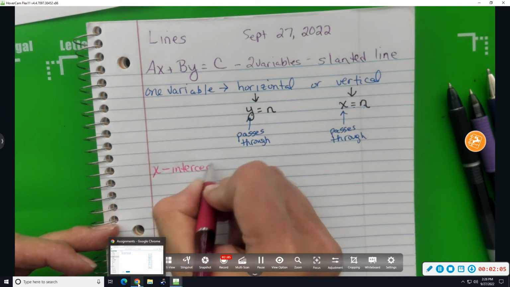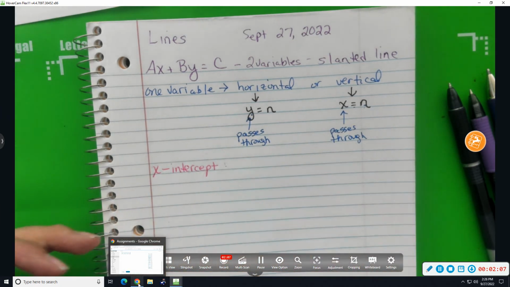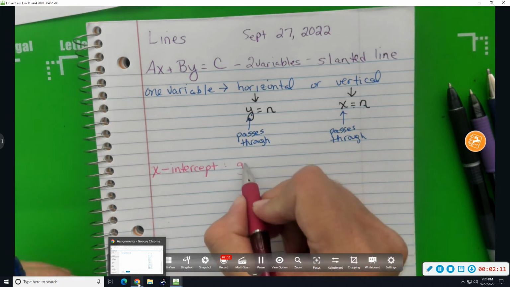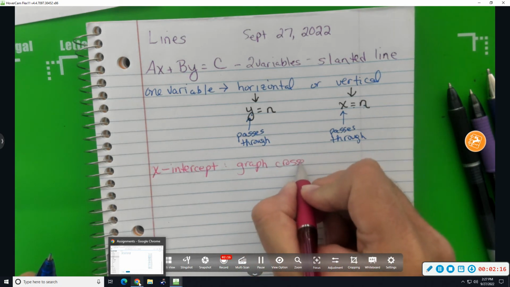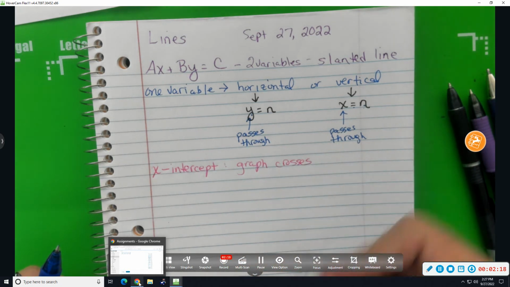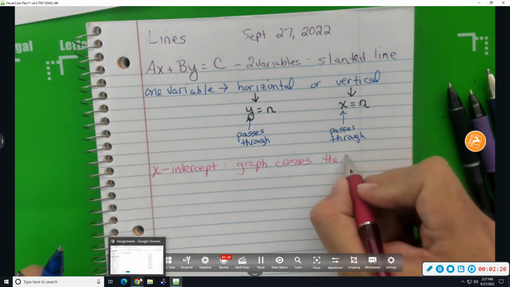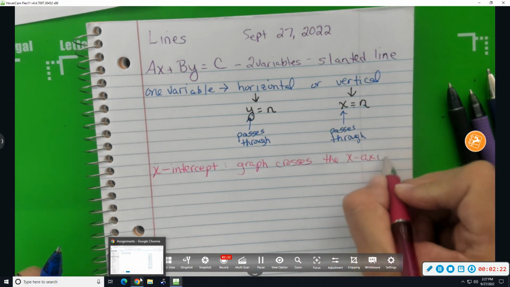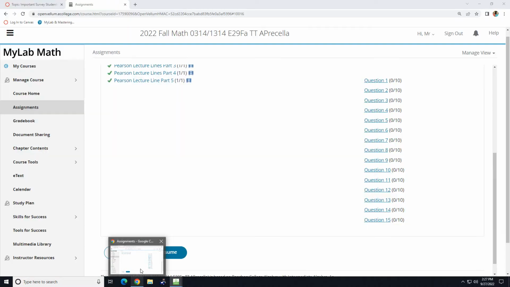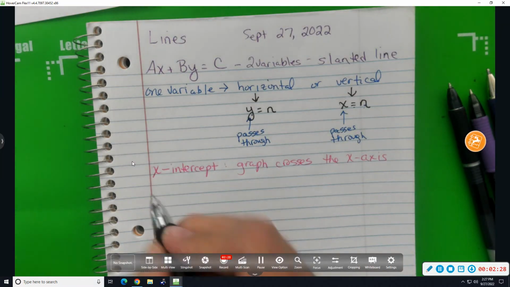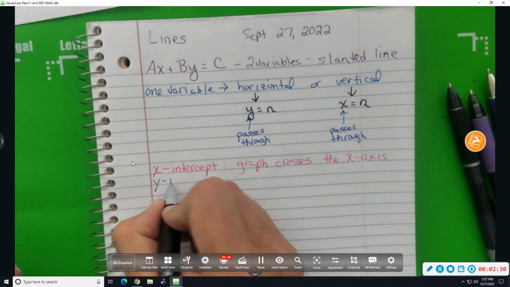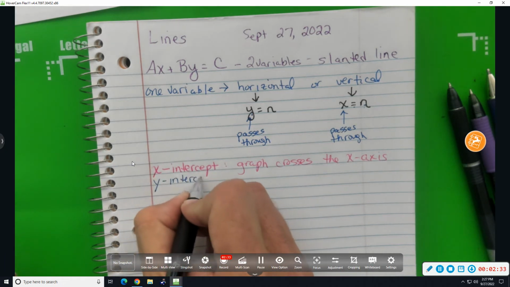The x-intercept is where the graph crosses, or intersects, the x-axis. Before we go on, I made an observation. If a point is on the x-axis, what do we know about the y-coordinate?